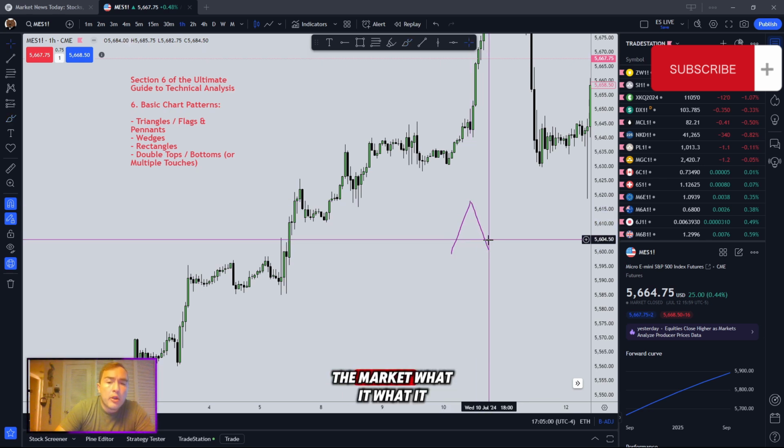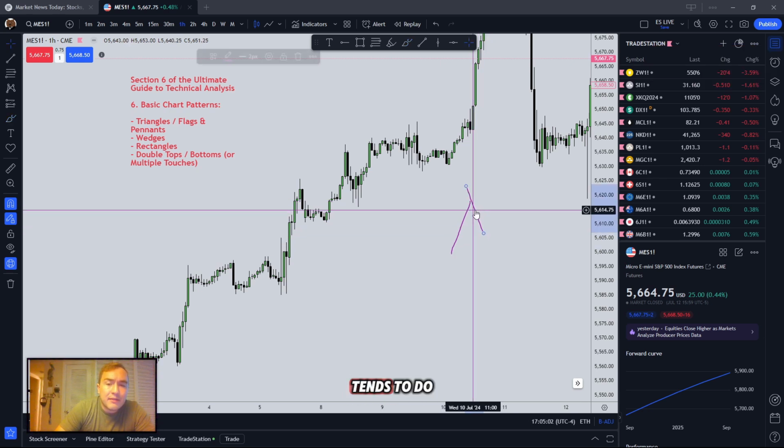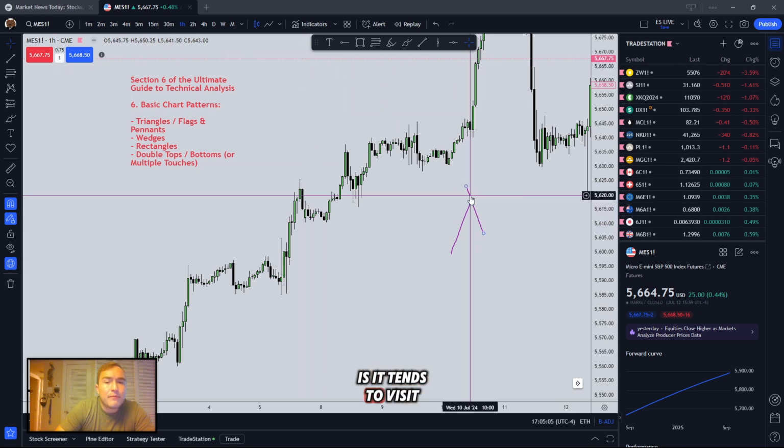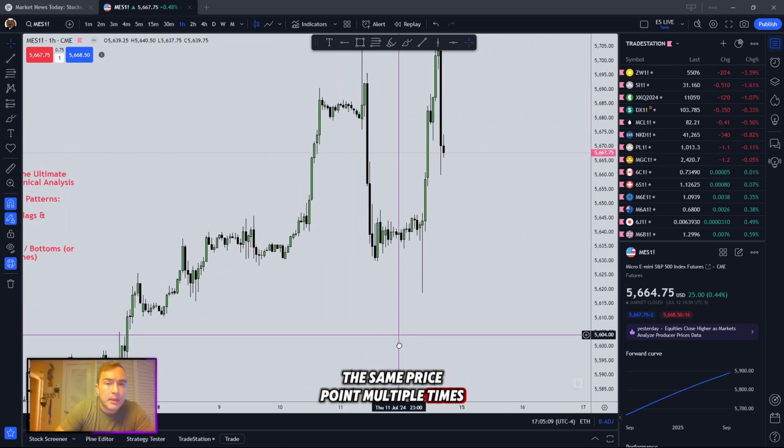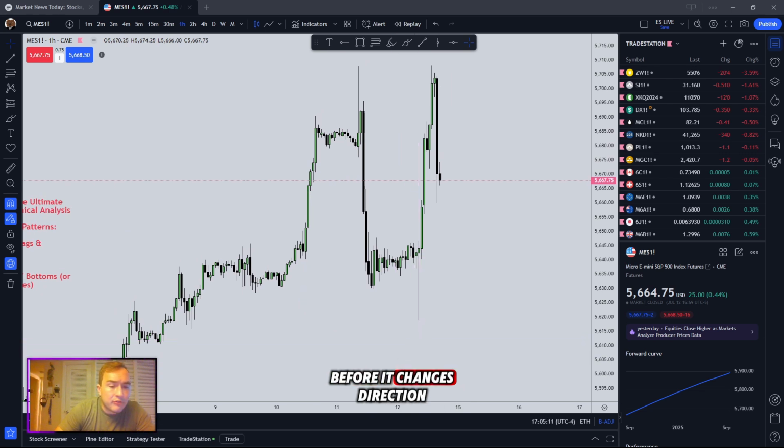What the market tends to do is visit the same price point multiple times before it changes direction. These are called double tops or double bottoms. It's where the price tends to go to the same high or the same low 2 times before it reverses.